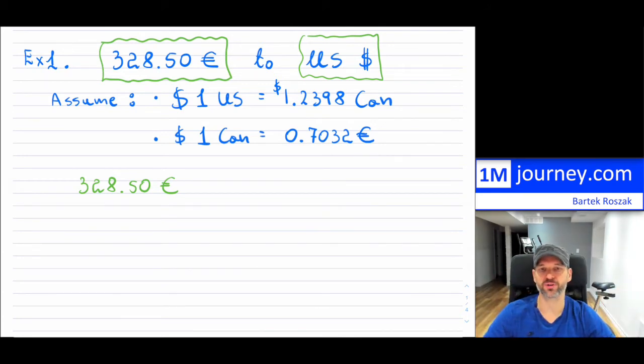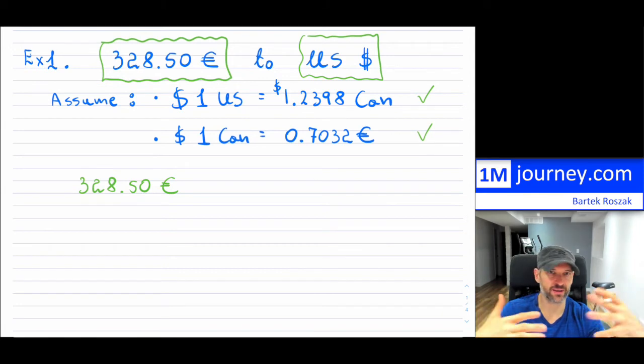Probably today when you're watching this, it might be different than the ratios that I've given you here. So here it says $1, at least today, is approximately 1.2398 Canadian dollars. And then $1 Canadian is 0.7032 euros. Now, if you have a conversion that's direct from euros to US, then you can use that.